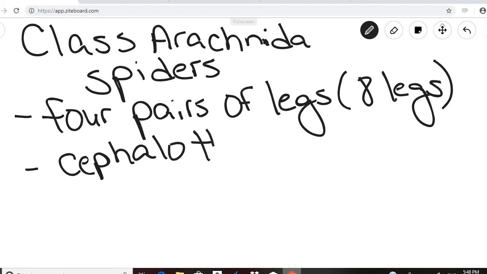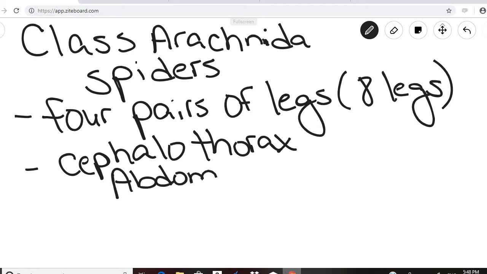So the head and the thorax are combined into one segment. So they have a cephalothorax and an abdomen. So they just basically have 2 body segments. Spiders have simple eyes, but they have 4 pairs of simple eyes.